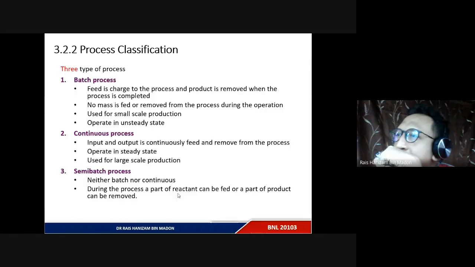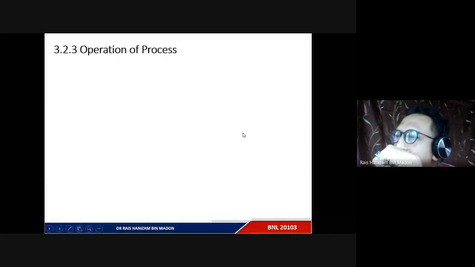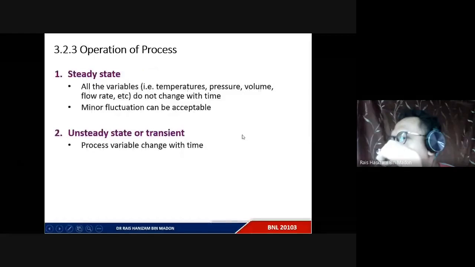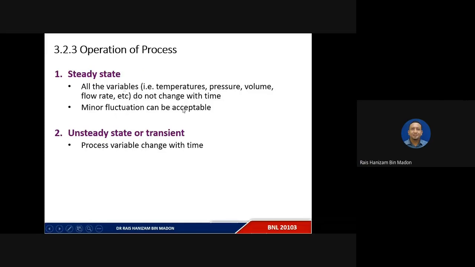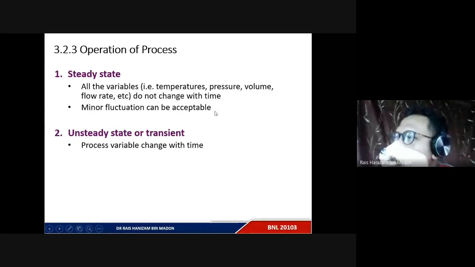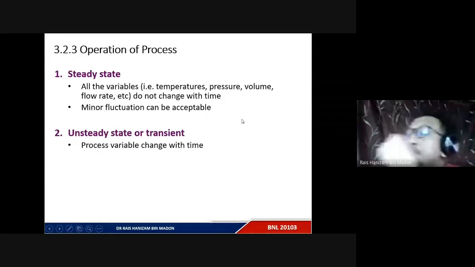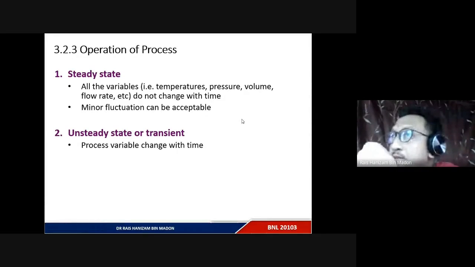Okay. So operation of process. Sekarang ni ada dua operation, which is steady state dan juga unsteady state. Okay, steady state ni dia tidak berubah according to time. So let's say dia punya volume maybe 500 mil per second. So maknanya every second akan ada 500 mil. Ini boleh tengok dekat dalam piping contohnya.